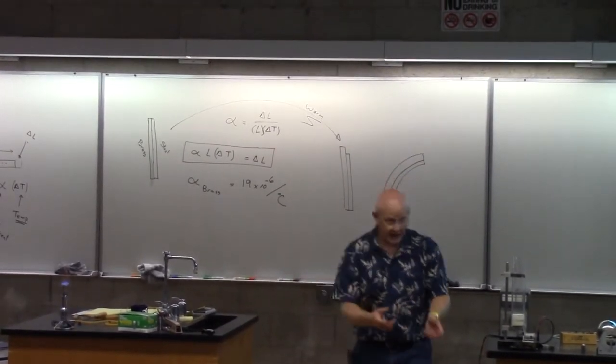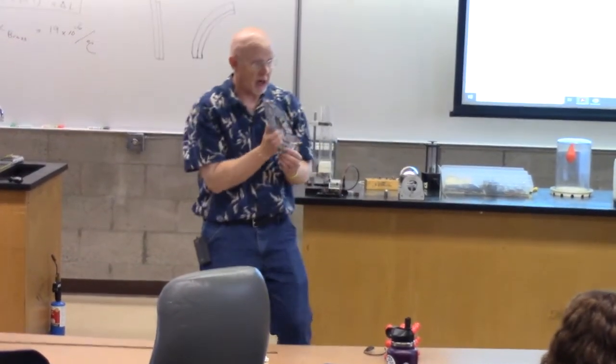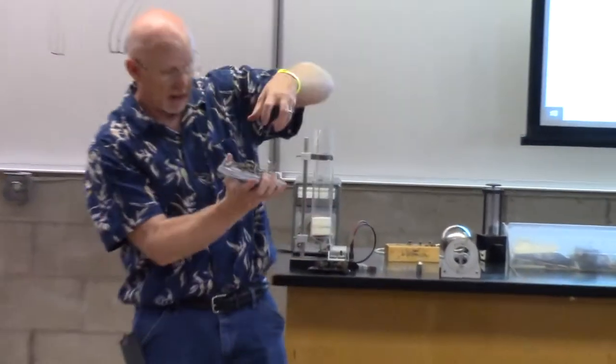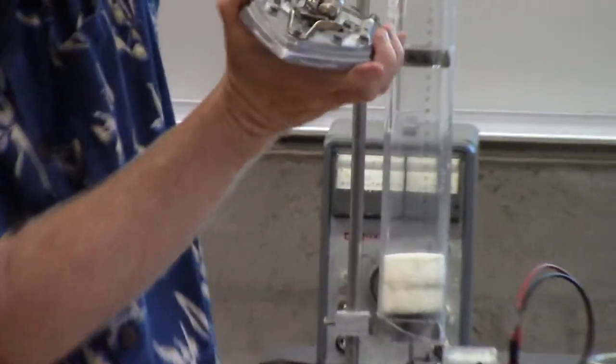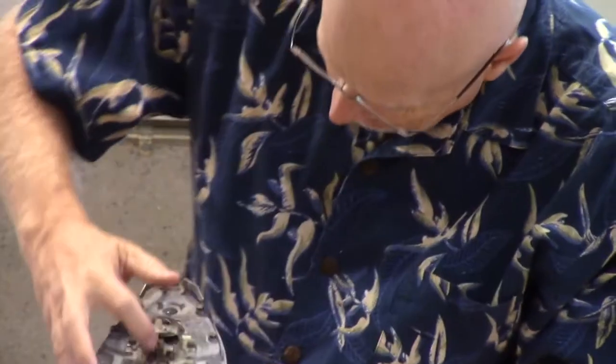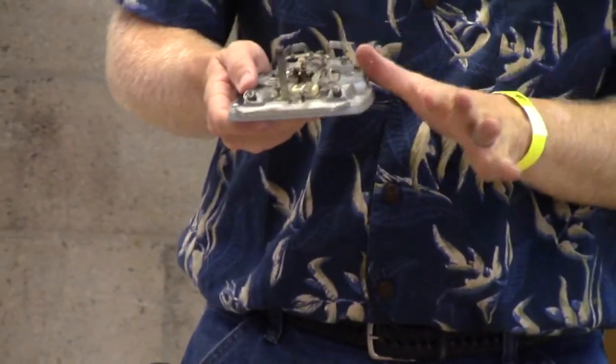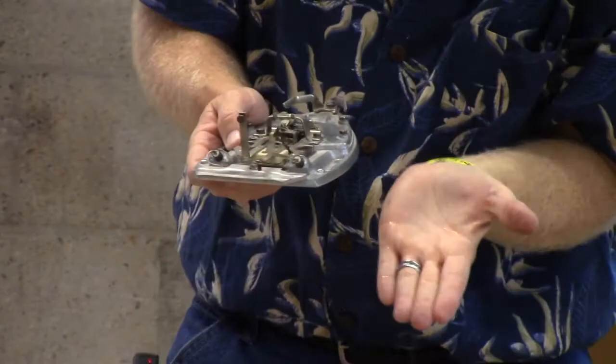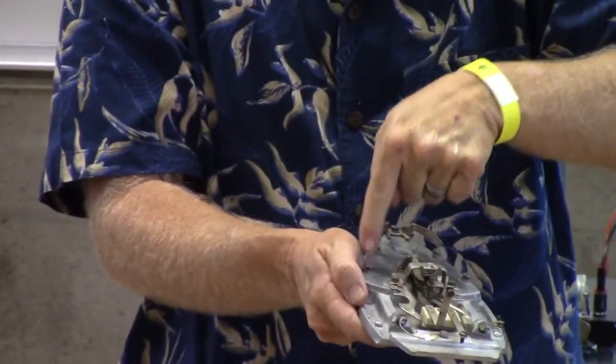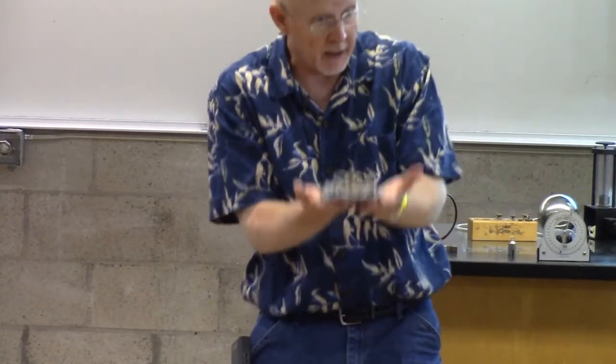Well, what was the other one I had? Oh, I guess I had an old iron here. And so if I was ironing my clothes, I'd have a little dial here on top, and I'd set it for medium heat. Because right inside here is a little bimetal strip. And if it gets too cold, the bimetal strip moves up, makes contact, and it's plugged in, and so electricity would flow through, warming up the iron.